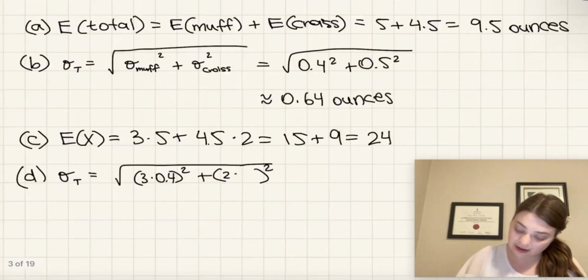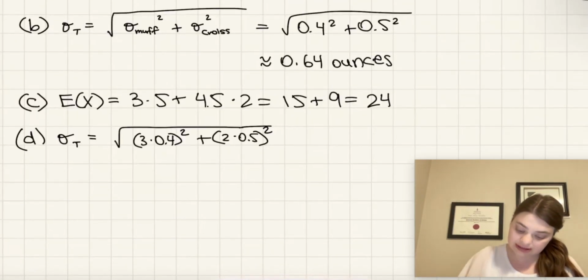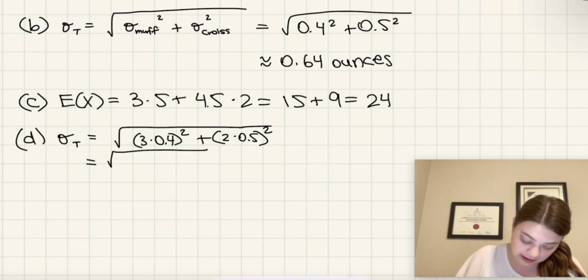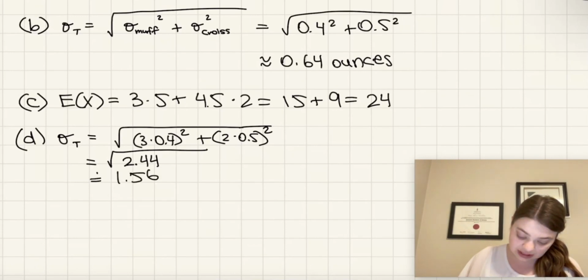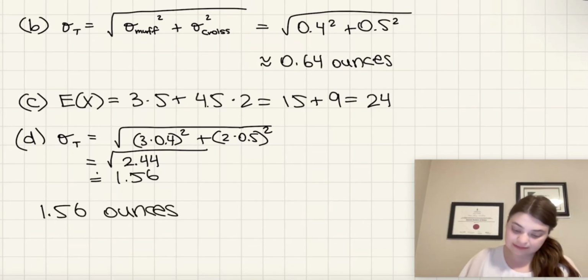Yeah, it was 0.5 for the standard deviation for the croissants. And then we're going to grab a calculator and find out what that is going to be. That is going to give us the square root of about 2.44, which is about 1.56. So the standard deviation is about 1.56 ounces.